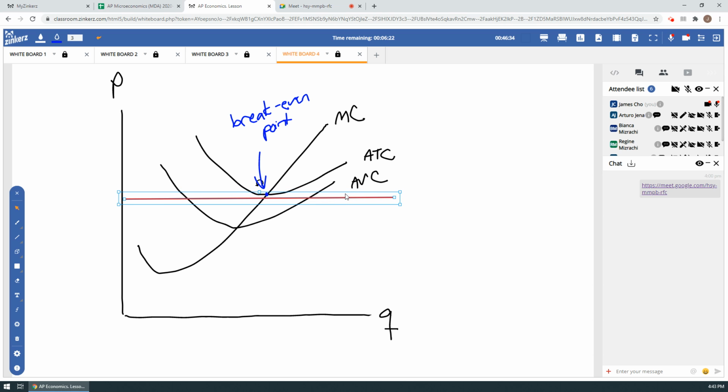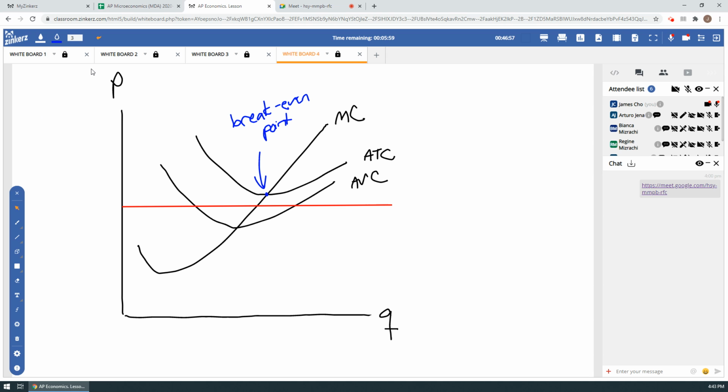If your demand curve and your marginal revenue curve happen to be down here below the break-even point, then you're earning economic losses. So now in your head, you should be thinking, should I produce or should I shut down? What if my demand curve is there? Do I produce or shut down? Produce.